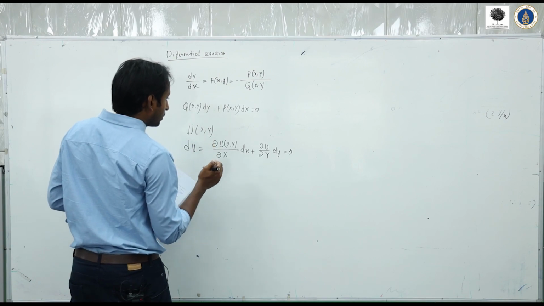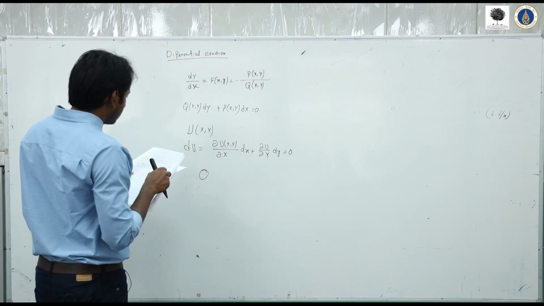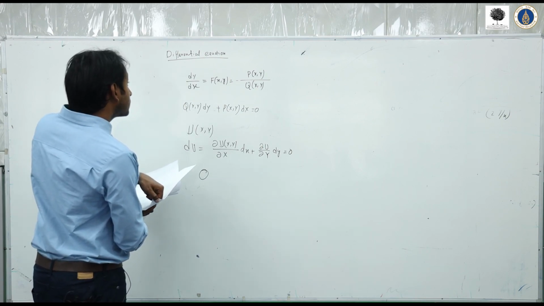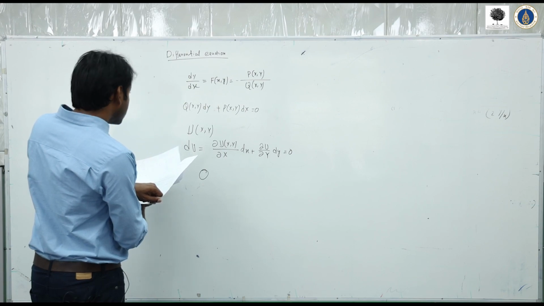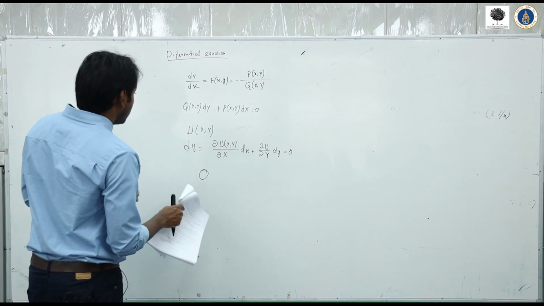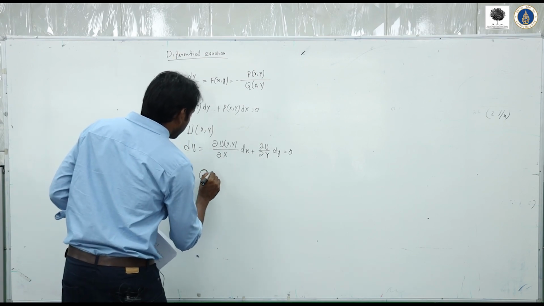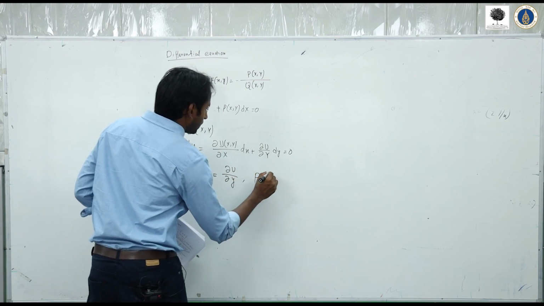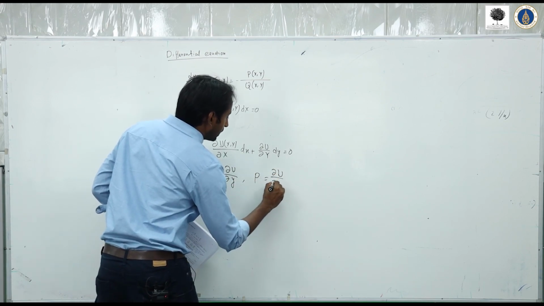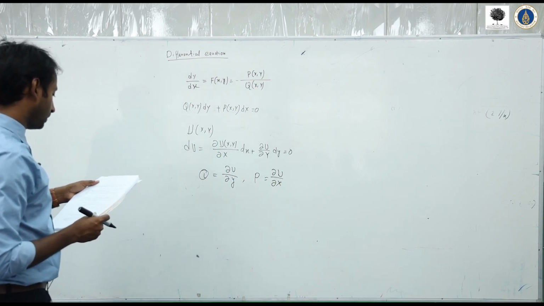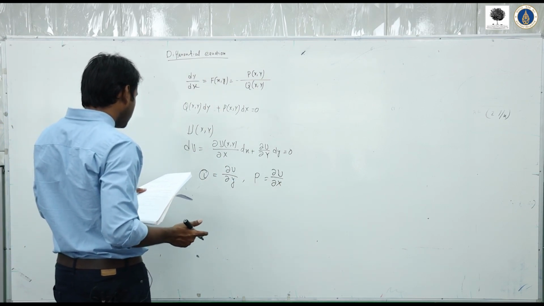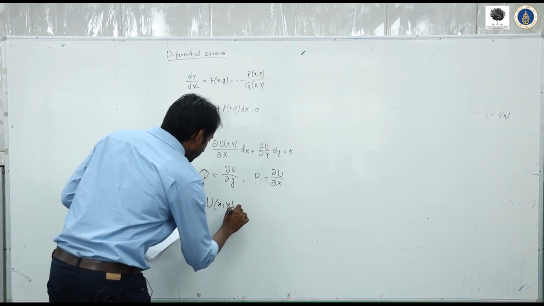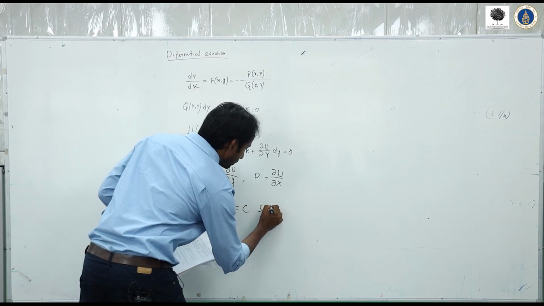So q is with dy, so q is del u by del y, and p is del u by del x. So if this is a differential equation, then the function u x y equal to c, the constant, is a solution of this differential equation.